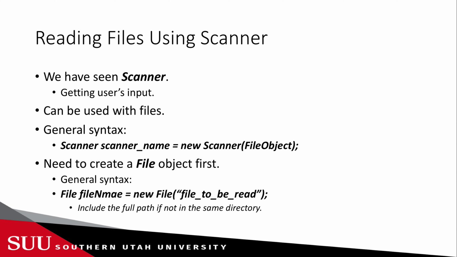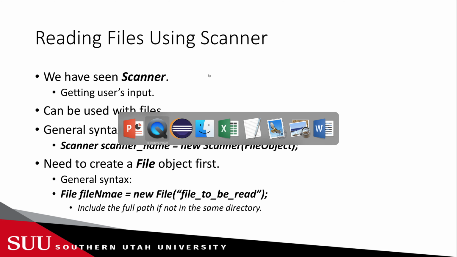So we need to create a File object first. It's pretty easy to create a File object. You will just say File, give it a file name, is equal to new File, and then again you will provide the file to be read as a string, and again you will need to include the full path if it's not in the same directory.